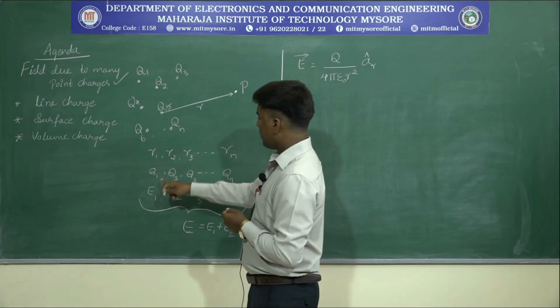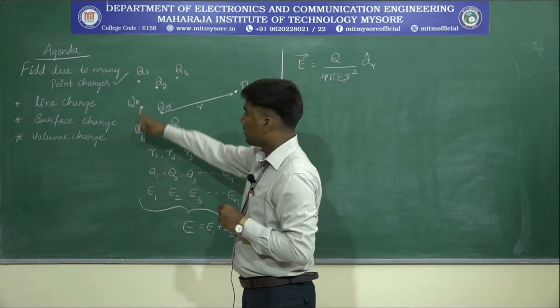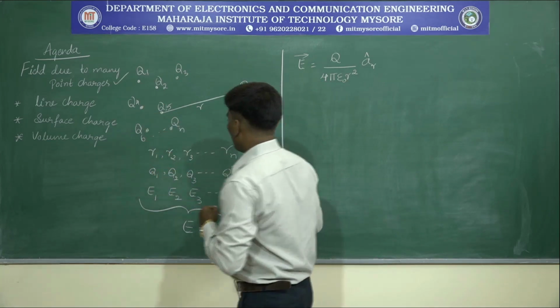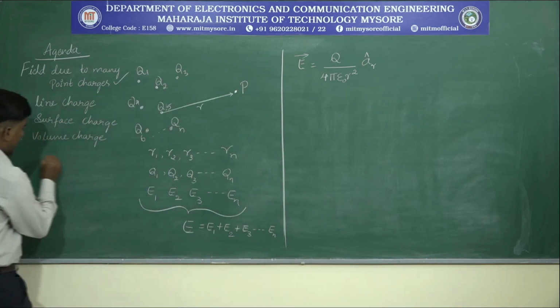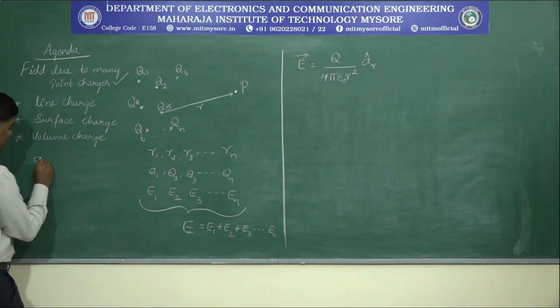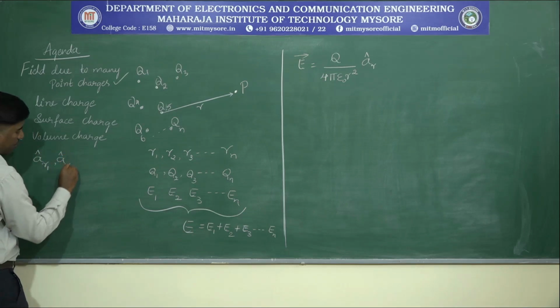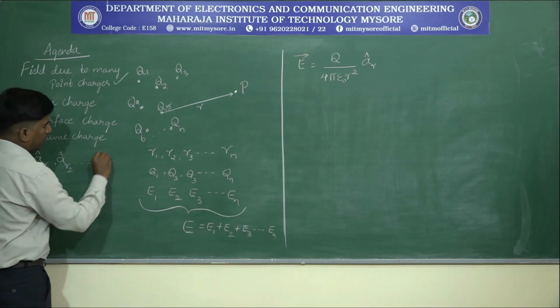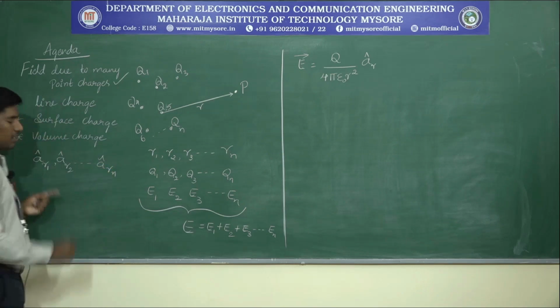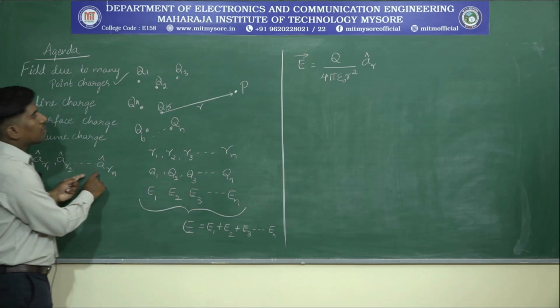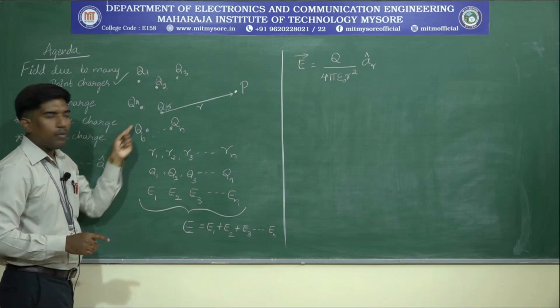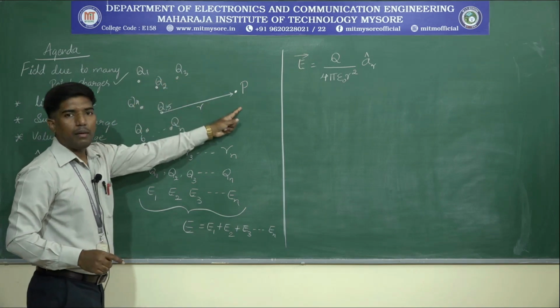If we have the unit vector for each of the point charges, they are represented as a cap R1, a cap R2, and so on up to a cap Rn. These are the unit vectors corresponding to each of the point charges towards point P.